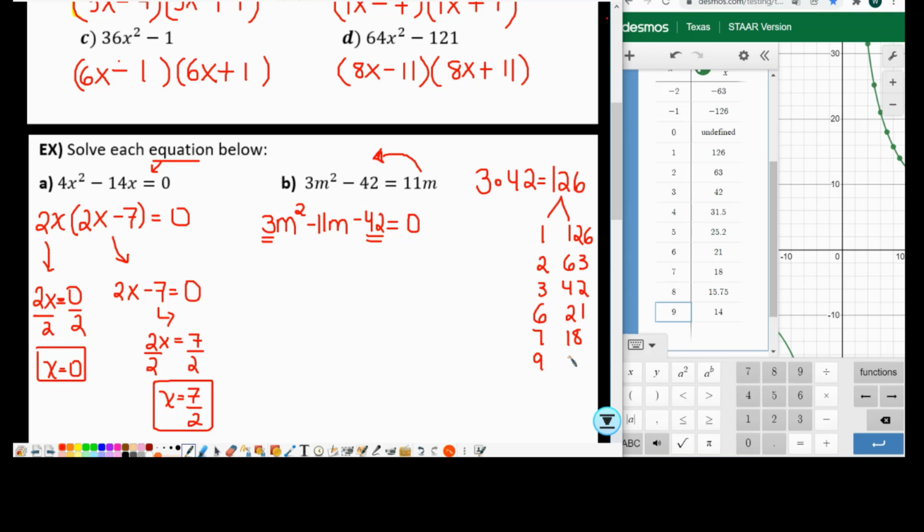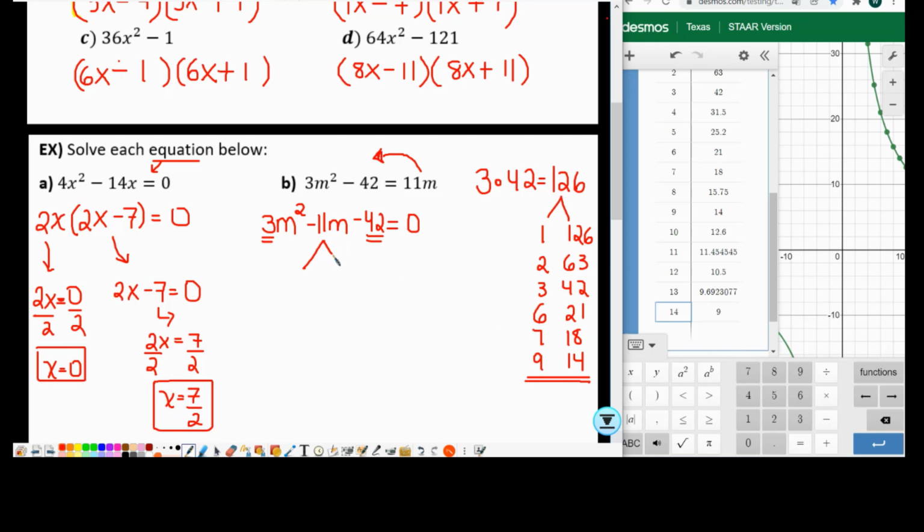Then we have 9 and 14. Since the numbers have not started to repeat, we're going to continue the list. So click next to the 9, and we click enter, enter, enter, enter, enter. And we notice the next number on the list to give me a whole number is 14 and 9, but we notice that 14 is already on the list. So we know that we have come to the end of the list.